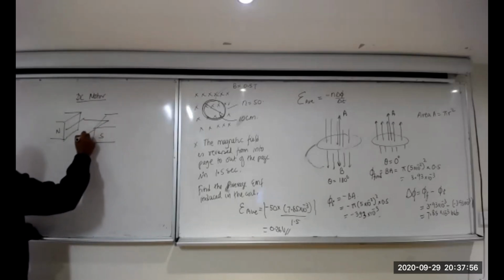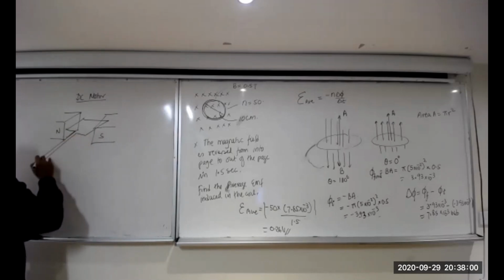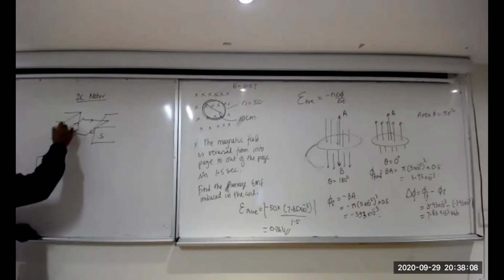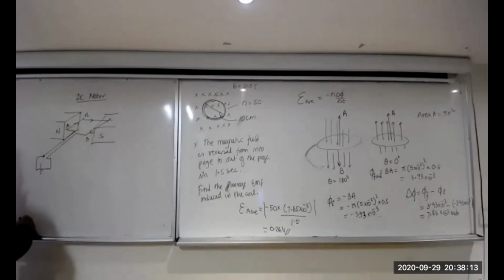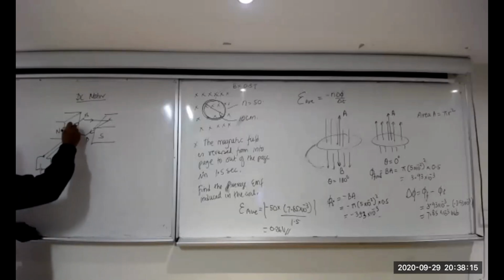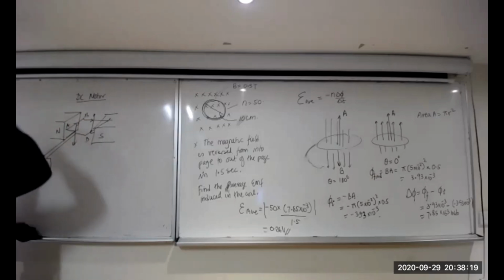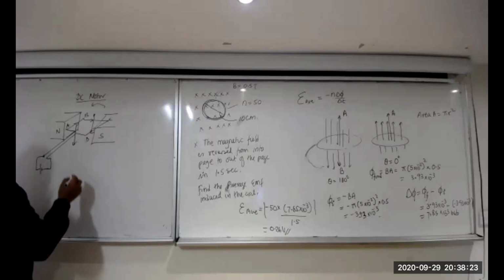I just connected my coil directly to the battery, two ends, I just connected to the battery. The current is flowing. Let's say ABCD. Then what will happen? The coil will start rotating anti-clockwise because the torque is acting. That's fine, that's good.